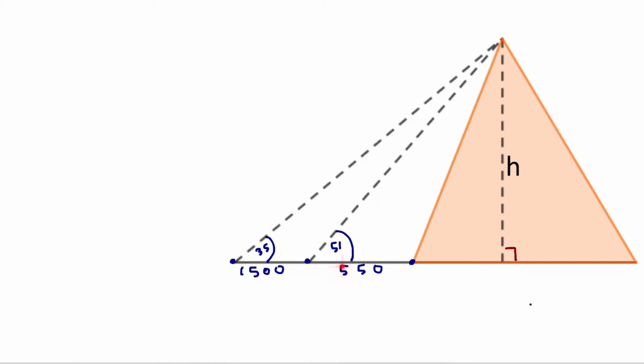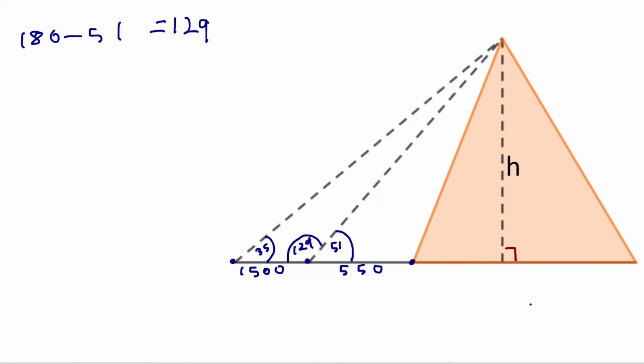Let's do that first. So 180 minus 51 is equal to 129. So this angle is 129.